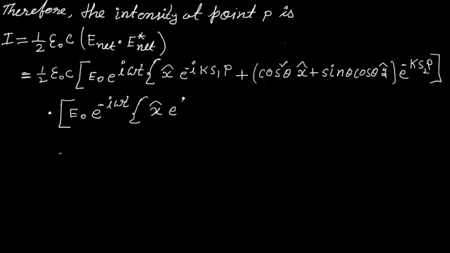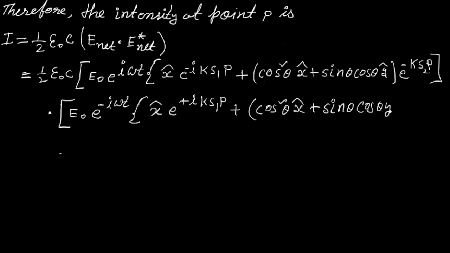Now it will be plus iota k s1p plus cos square theta x cap plus sin theta cos theta y cap into e to the power, sorry, there will also be iota. Now it will be plus iota k s2p.